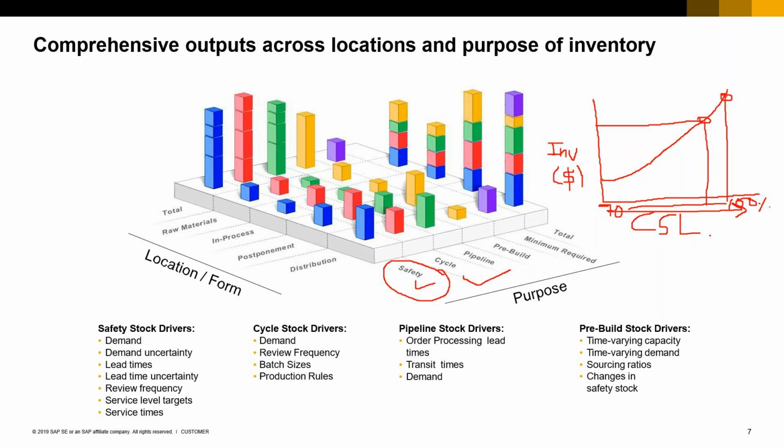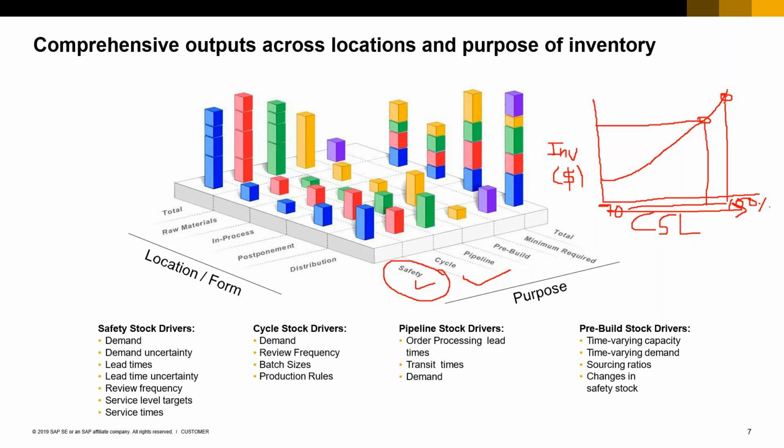This is a kind of curve you will observe, which will be low for 70, 75, but when you are reaching toward 98 or 99, it will become very high. Then your cost goes very high.